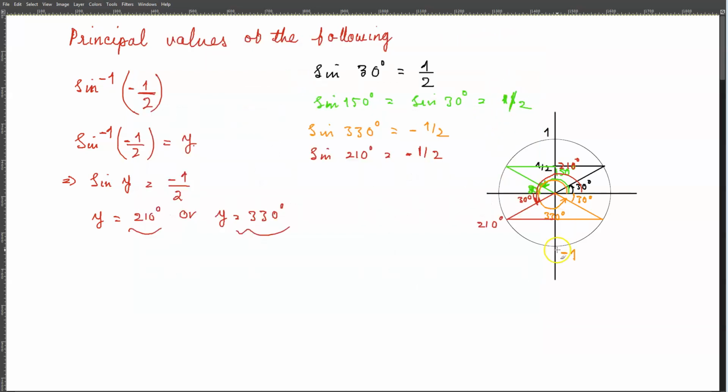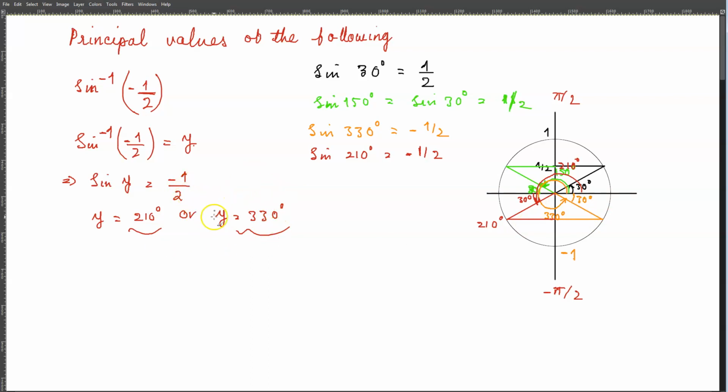So that means that you can go from negative pi by 2 to pi by 2 for the sine inverse function, which means that this angle over here, 210 degrees, although it's a solution here, I cannot use it because it's outside the range of the sine inverse function. So the angle that I can take is actually 330 degrees, right?